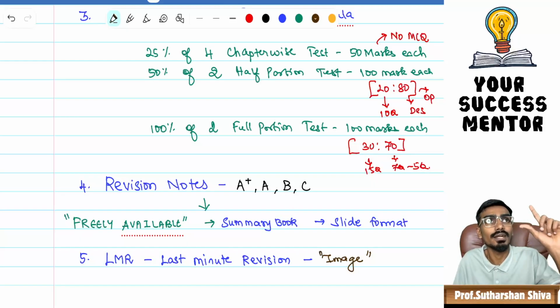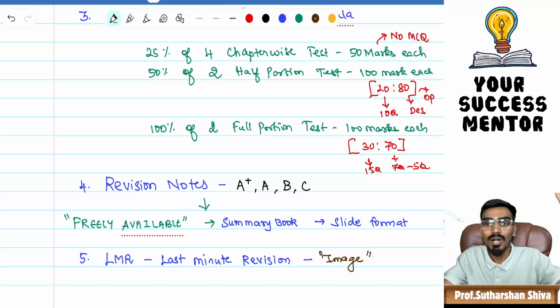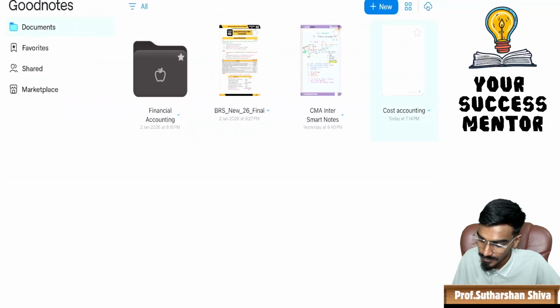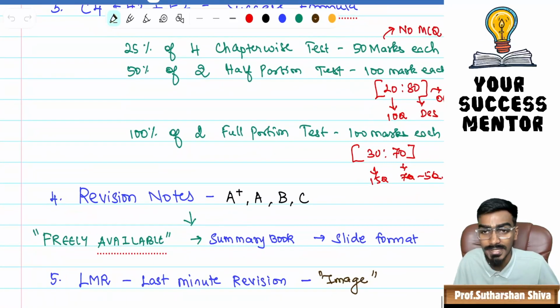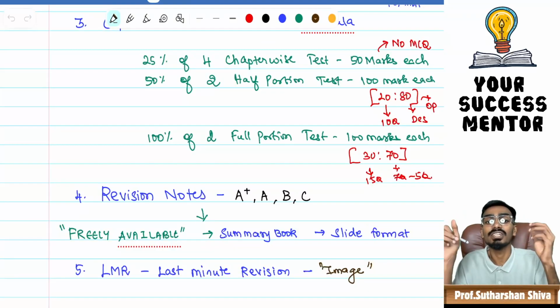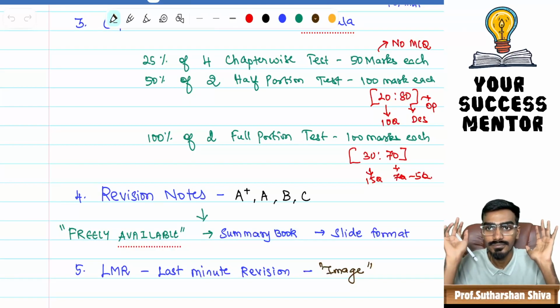For example, if you take material costing, you will be getting one full image, like in this horizontal format. In that image, you will be revising entirely.